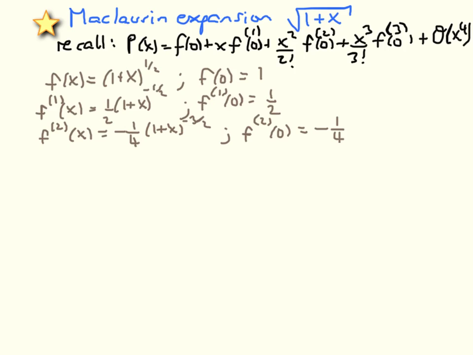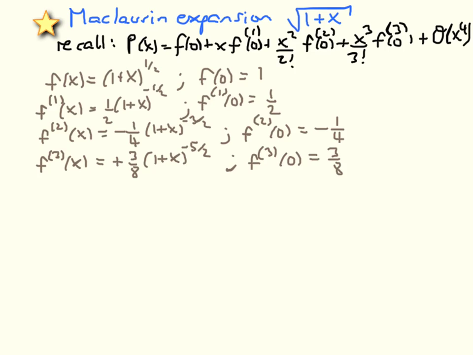Our third derivative is going to be, so now we have minus a quarter times minus 3 halves, so it's plus. We're going to get 4 times 2, or 8 on the bottom, and 3 on the top. So it's going to be plus 3 eighths times 1 plus x to the minus 5 halves. So our third derivative evaluated at 0 is 3 eighths multiplied by 1.